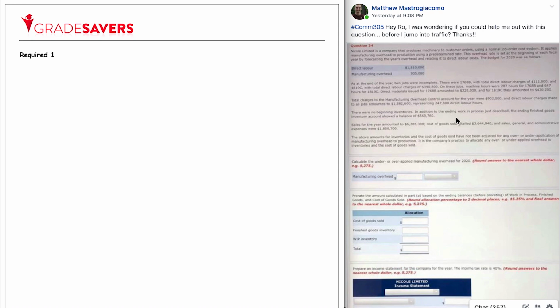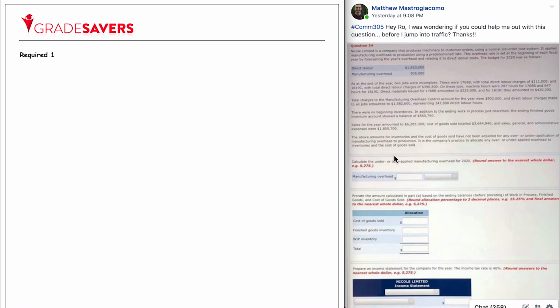In addition to the ending work in process just described, the ending finished goods inventory showed a balance of $560,760. Sales for the year amounted to $6,205,300. Cost of goods sold totaled $3,644,940. And sales, general, and administrative expenses are $1,850,700.